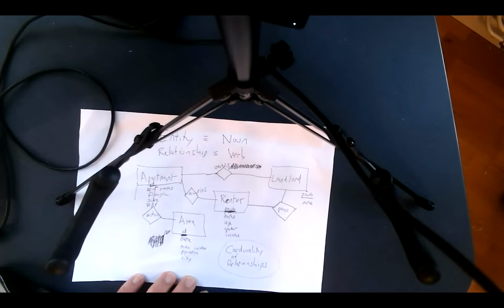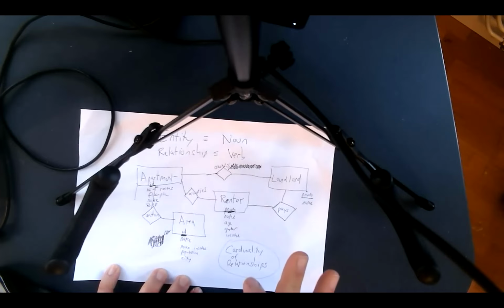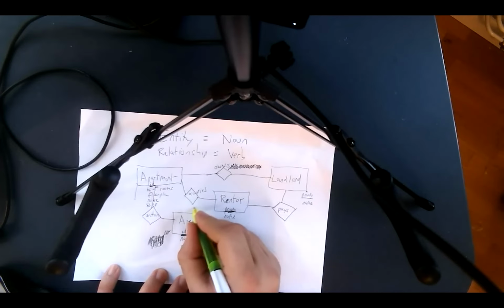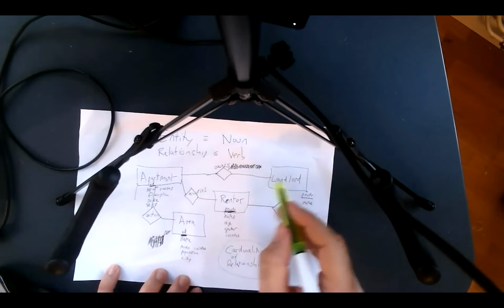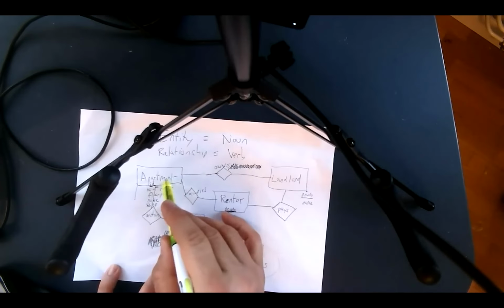Now, let me just wave my hand here and say this is a snapshot in time database. We would like to be able to show, if I rent an apartment, a date here and a date here on the payment, and even a date on the ownership, since apartments change hands between owners.